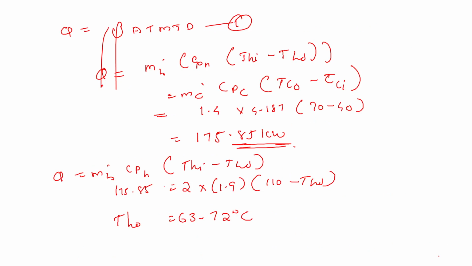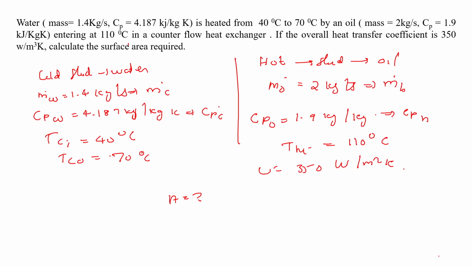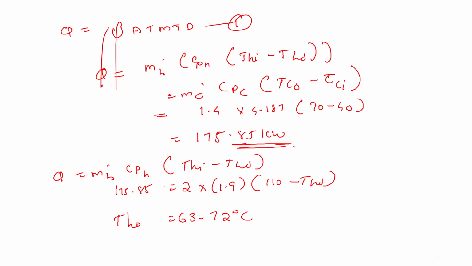So in this problem also, if you have to find the surface area or LMTD, you just have to remember the formulas and go for the problem. First you write whatever values are given and remember the formula. In this case you know the formula for Q value, just substitute the mass flow rate and the temperature differences, then you will get the Q value.